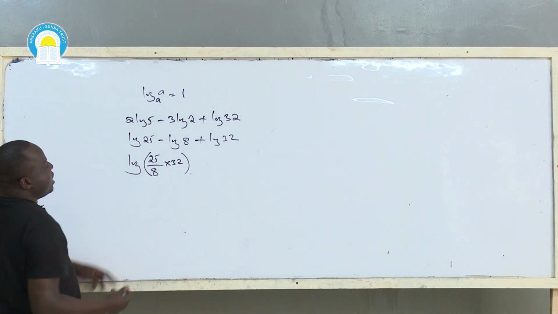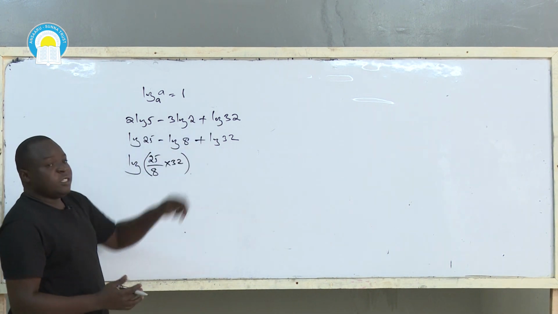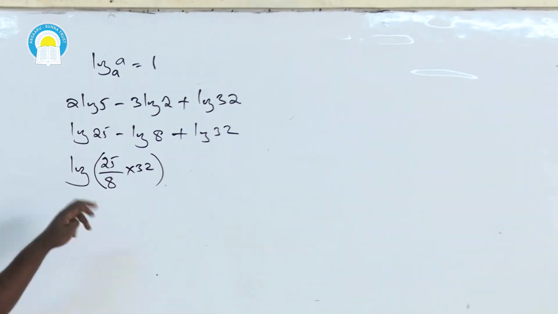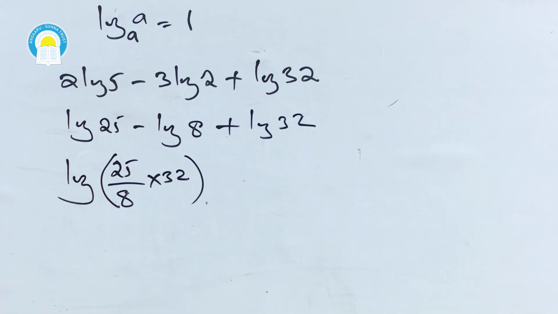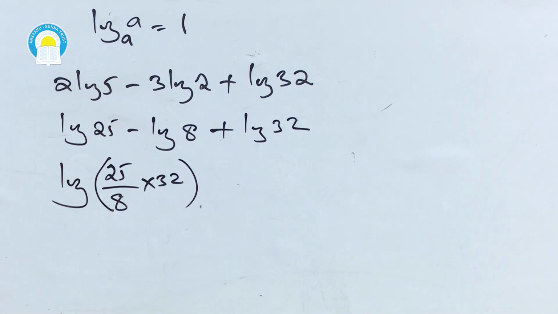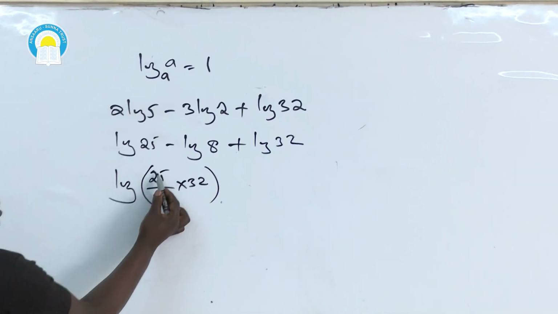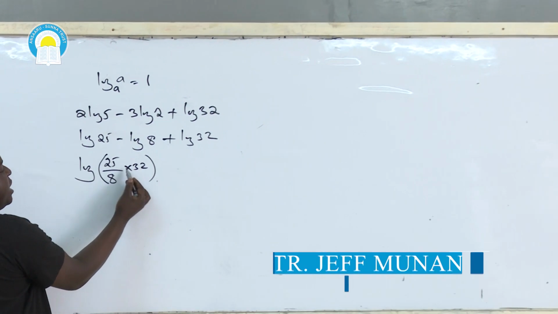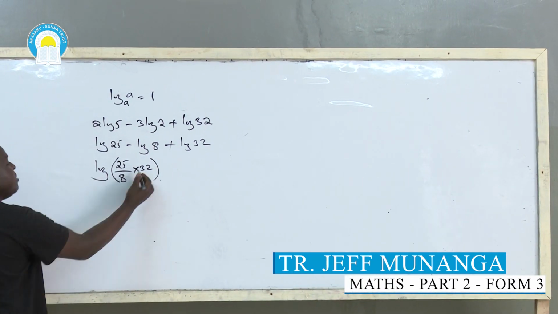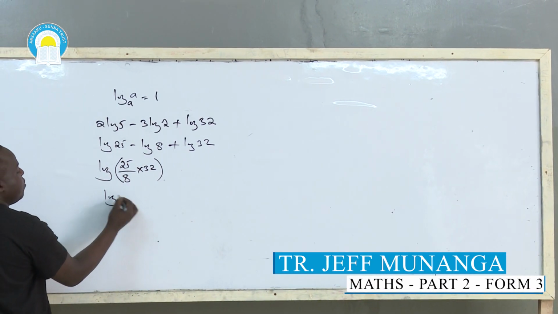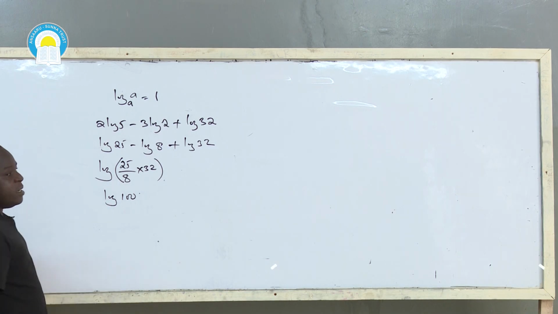Remember, if there is no base, it means the base is a common base and the base is 10. Always have that in mind. So that said, if you worked out 25 divided by 8 times 32, it should give you an overall answer, which is log 100.